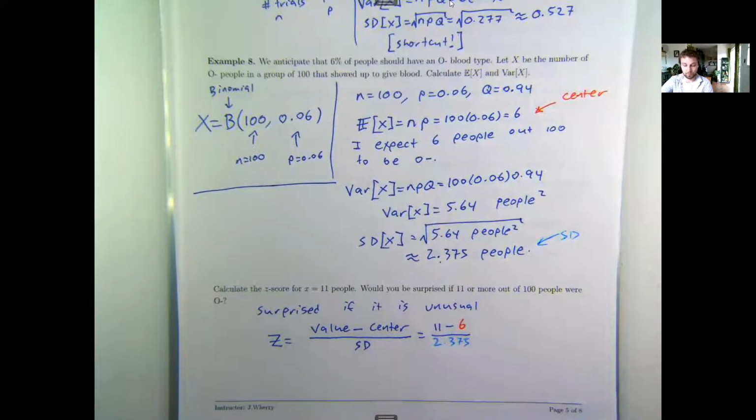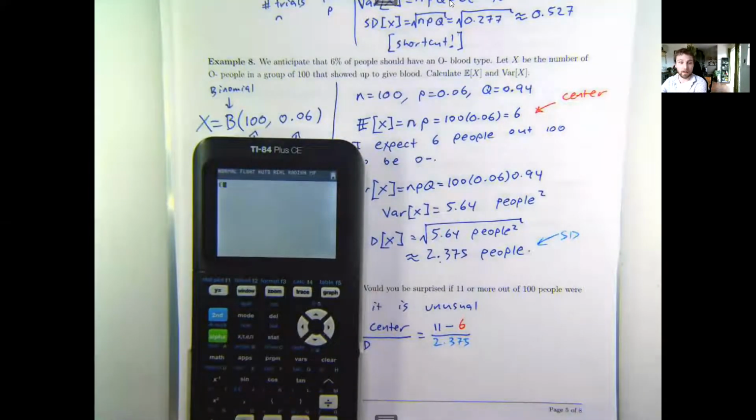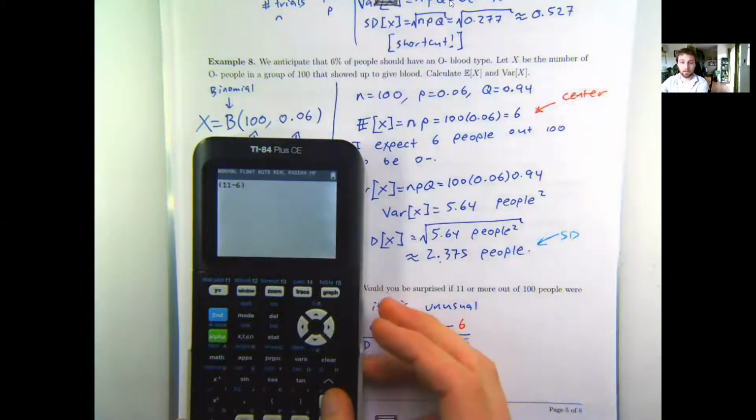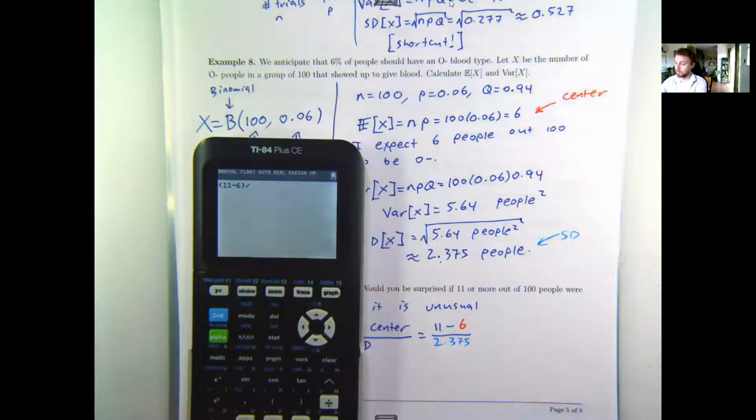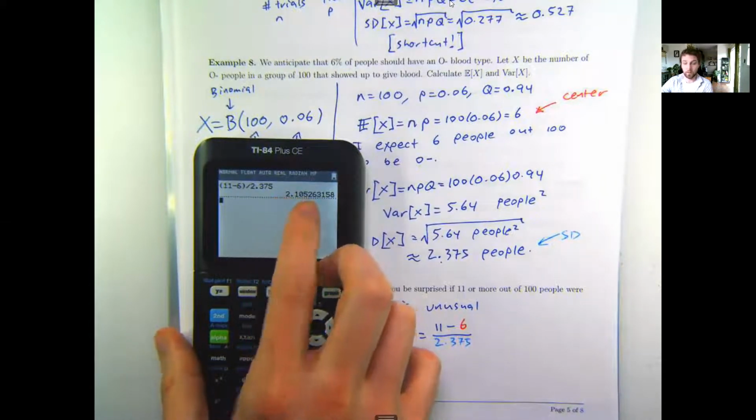Let's see what we get when we do this. When I'm typing this into my calculator, I want to make sure that I have parentheses around the top. So I have 11 minus 6 divided by 2.375. When I do this, I get a result of 2.11 or so.